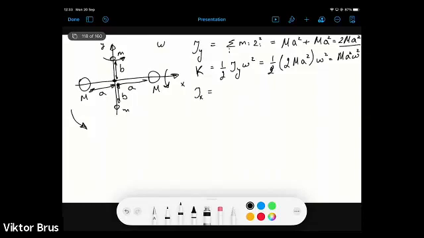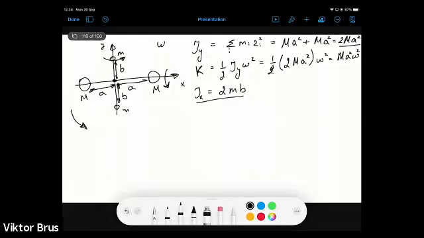So it will be equal, according to the same approach, to 2m times b squared. So b is the distance from axis x to these small bodies located on axis y. And the same will be for kinetic energy.